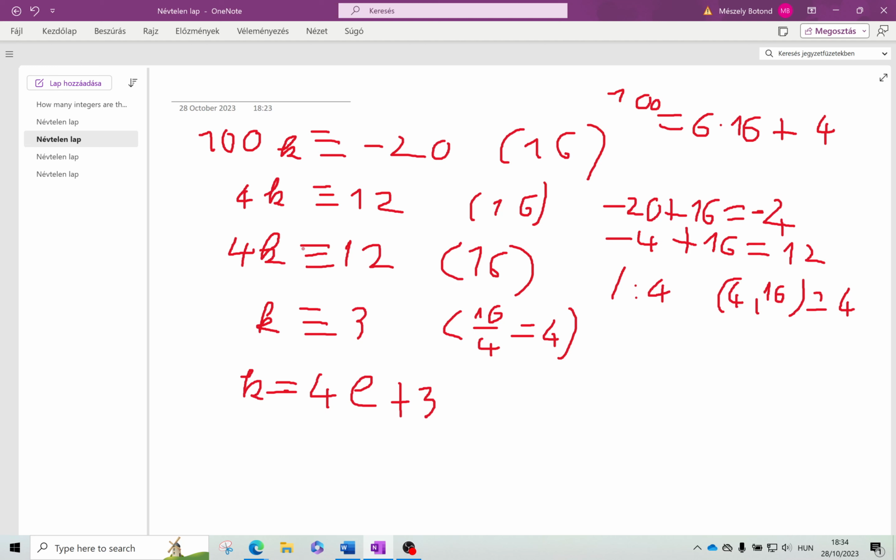But basically, you can also say that you are subtracting 16 until you get a number smaller than 16. So 100 minus 16 minus 16 minus 16 minus 16 minus 16. So basically 6 times gives 4, which is smaller than 16.